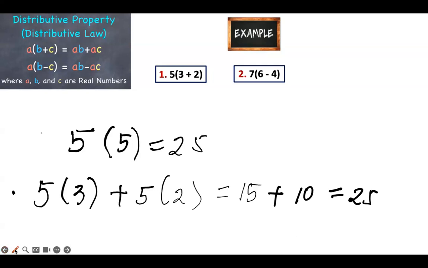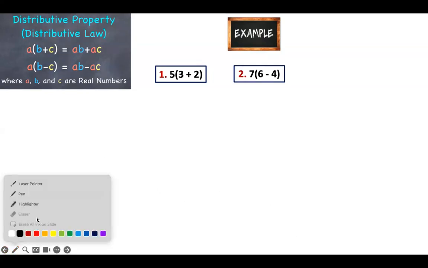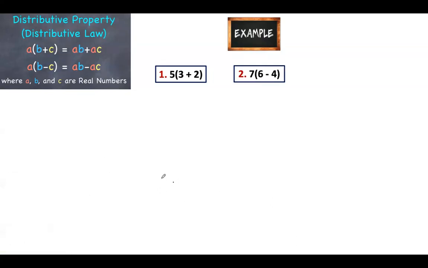All right. So just the same when we are subtracting. We now say 7 times (6 minus 4) is actually 7 times 2, which is 14. This is just the same as multiplying 7 times 6 minus 7 times 4.